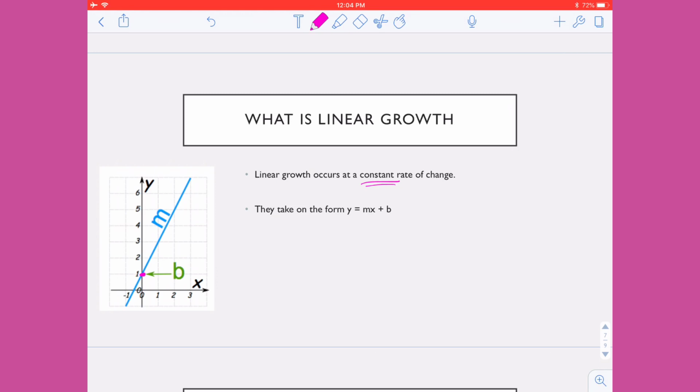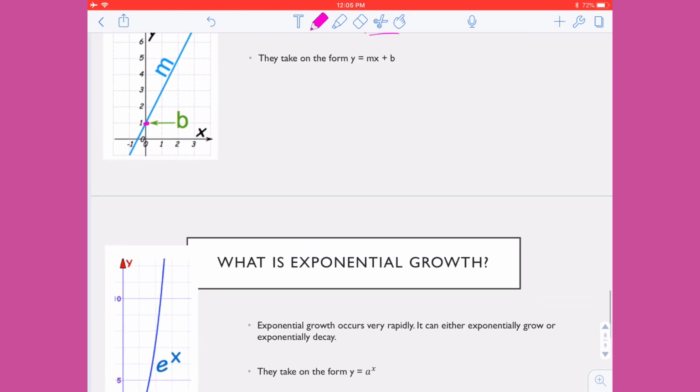There's going to be months that are higher, maybe around holidays. My sales are going to be higher, and then there's going to be points where my sales are lower. Think about if I'm selling pools. It's more likely that in warmer weather months, I'm going to sell more pools, and in the winter months, I'm probably not going to sell as many pools, right? So real-time data generally is not linear.